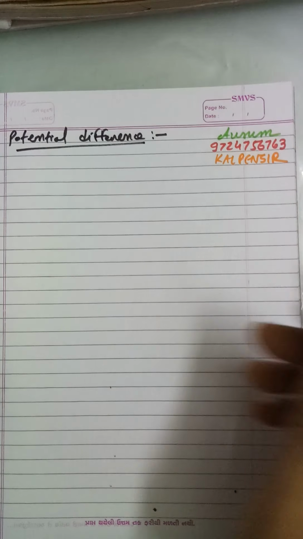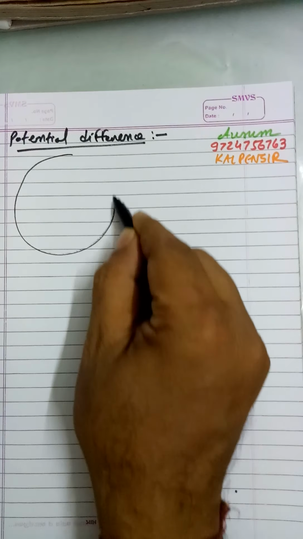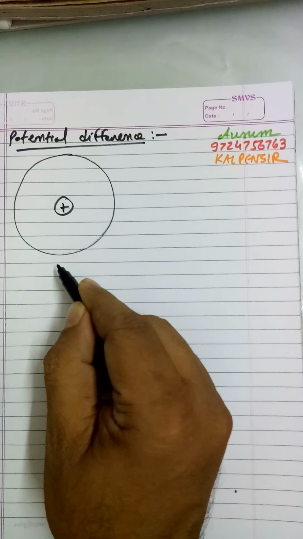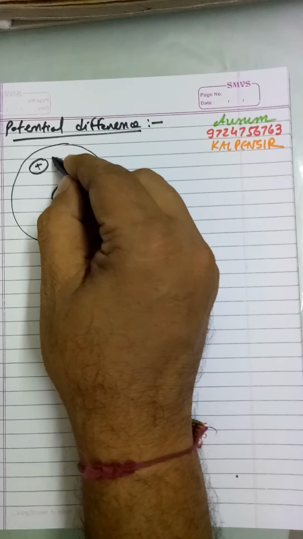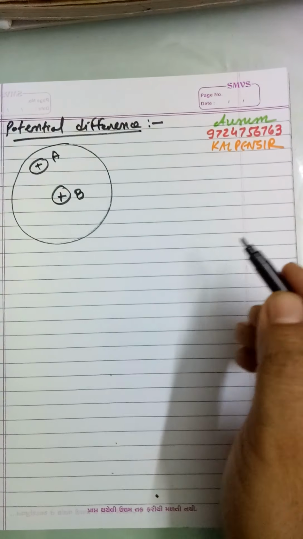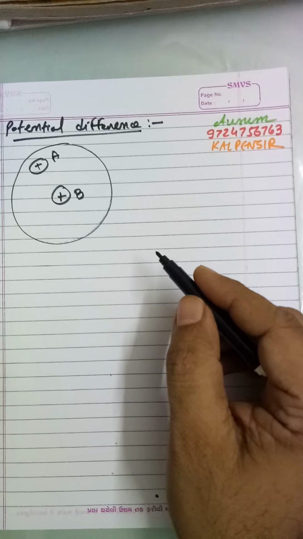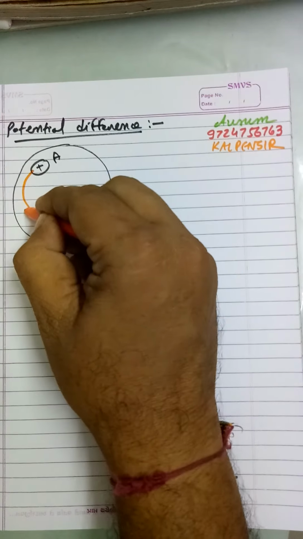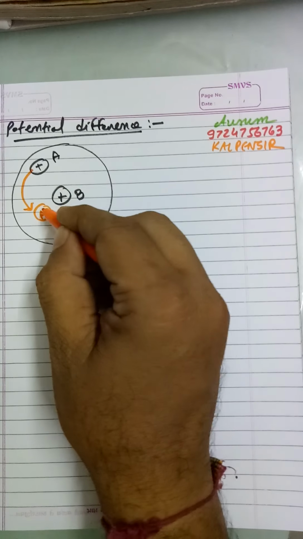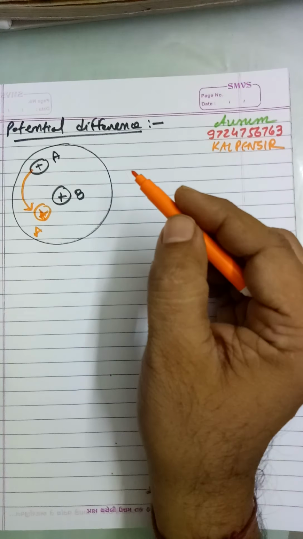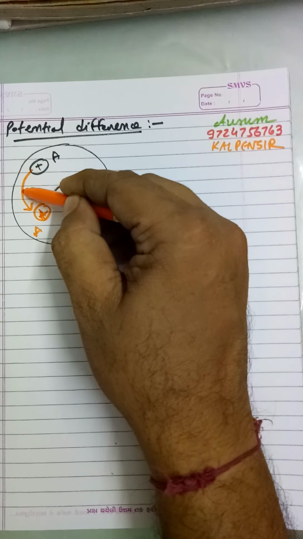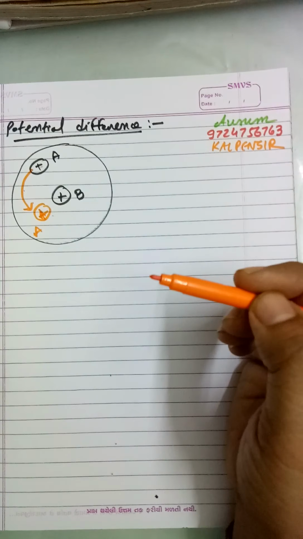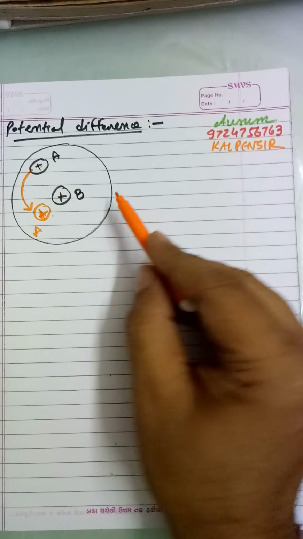Now let us talk about potential difference. In the same way, with a positive charge, one unit charge is here, the second is here, point A to point B. The work done in moving a unit positive charge from one point to another is the potential difference.